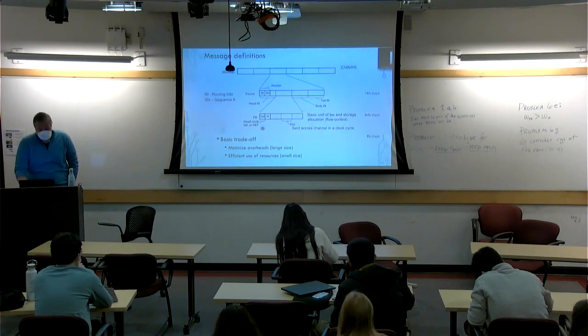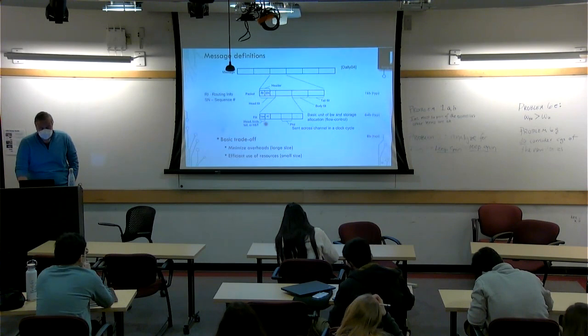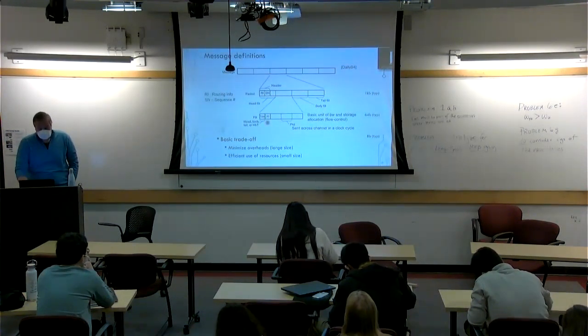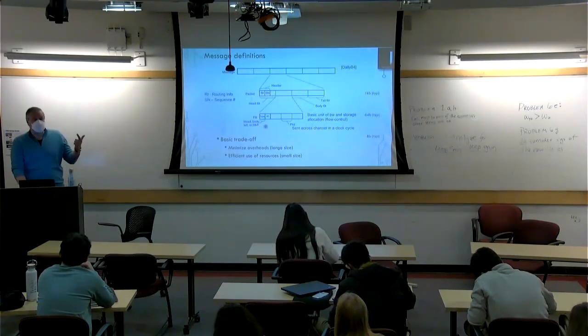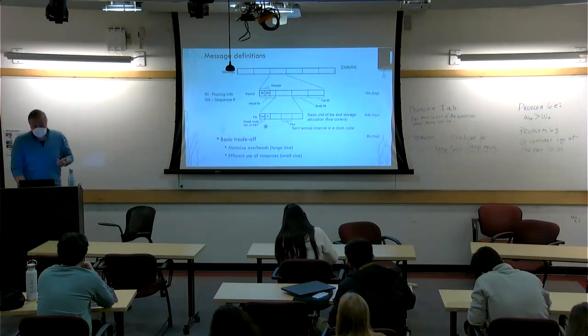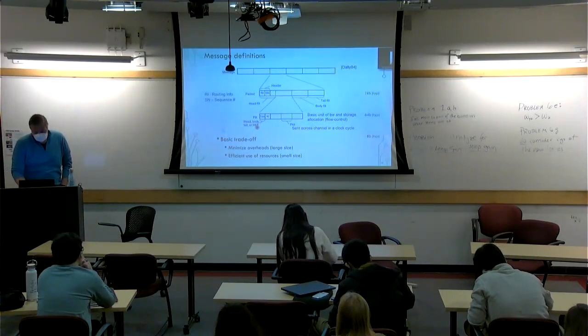And then if you look at the flit itself, again, it has a little type field, where you have: is it head, body, or tail? Or sometimes it can be head and tail if it's a single flit, just doing an acknowledgement or something like that, a credit. Then you have something that we'll touch on later, which is the virtual channel.